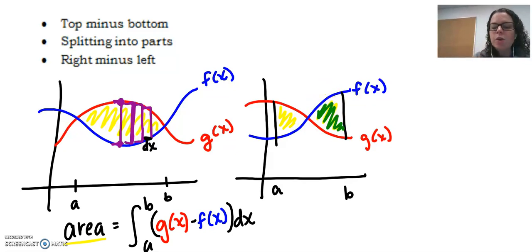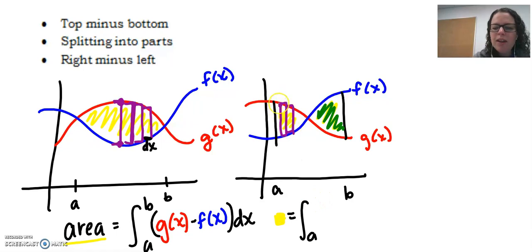All right, great. So the first thing I want to figure out is this integral. If I were to draw in representative rectangles, this area that's in yellow will be equal to the integral, starting at A for sure.